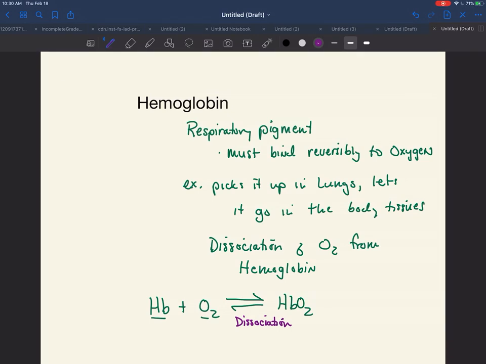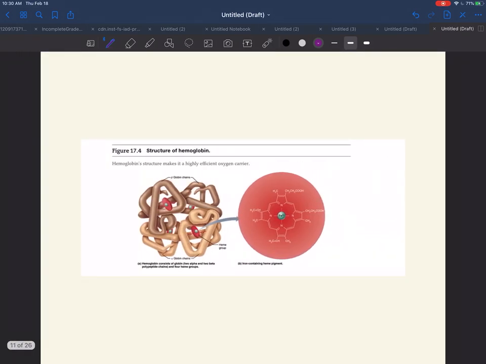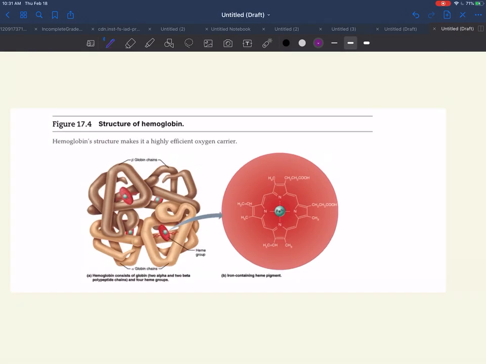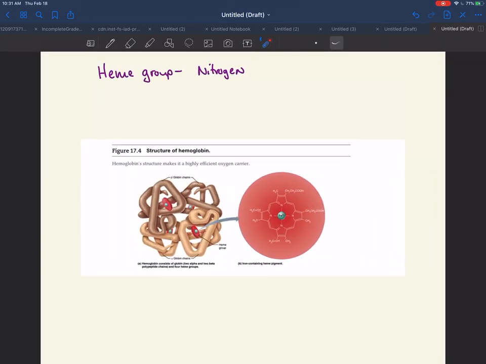When we look at the structure of the hemoglobin molecule, it has a heme group and then it also has globins. So when we look at the heme group, it has nitrogen, which is kind of important. So here we see this is the actual heme group right here. It has nitrogen atoms, and then it also has iron.